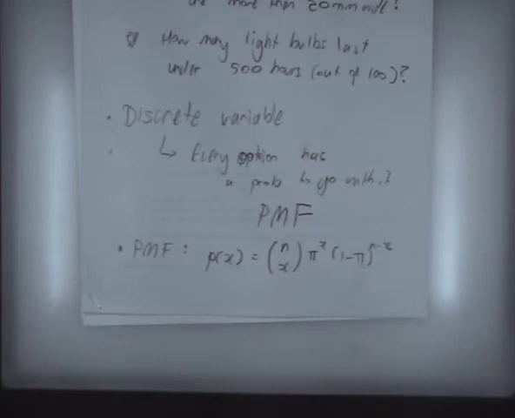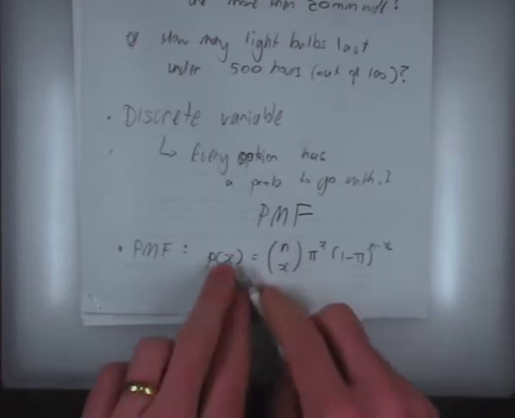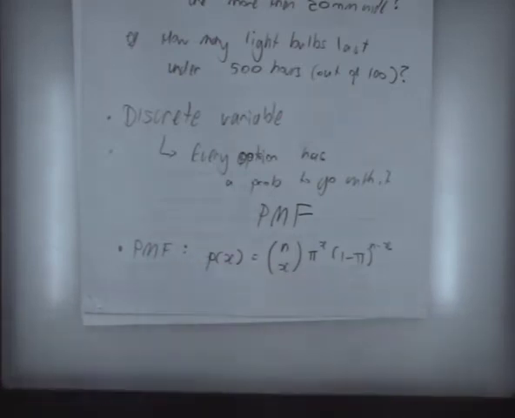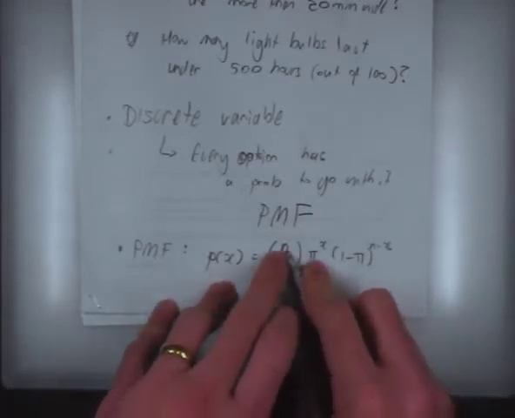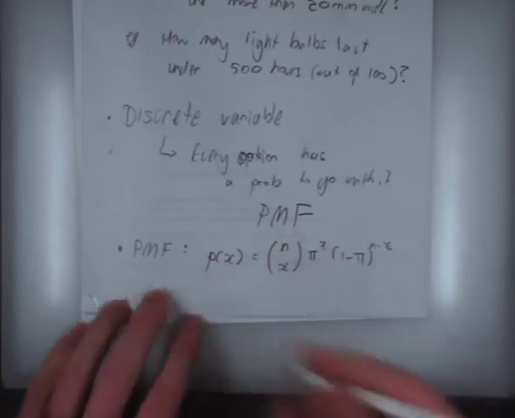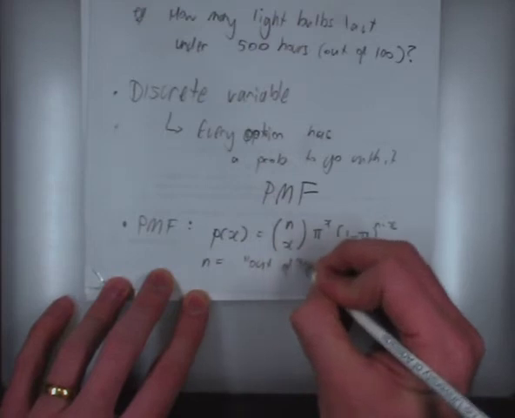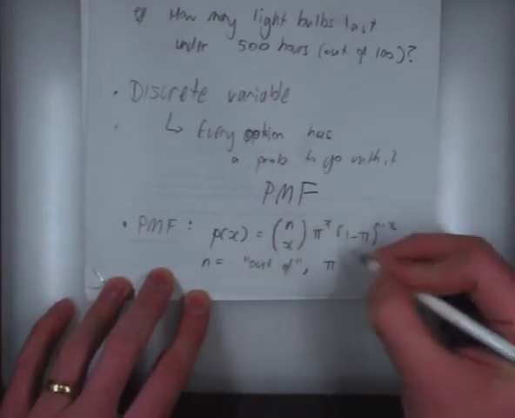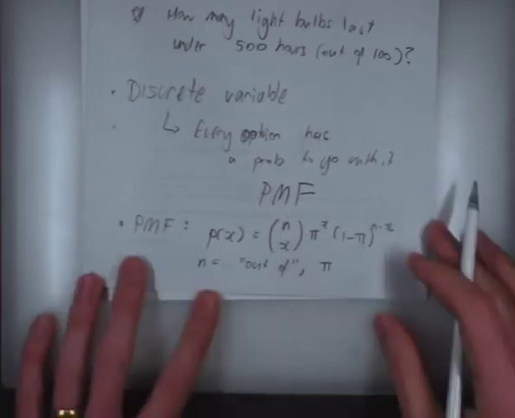Now all of these things go together. There are 2 unknowns in this formula. We chose x, so we want to know the probability of getting 3 light bulbs in our list. So that's the x. n is how many it's out of. So n is sort of the out of. And pi is the chances for one object of that occurring.